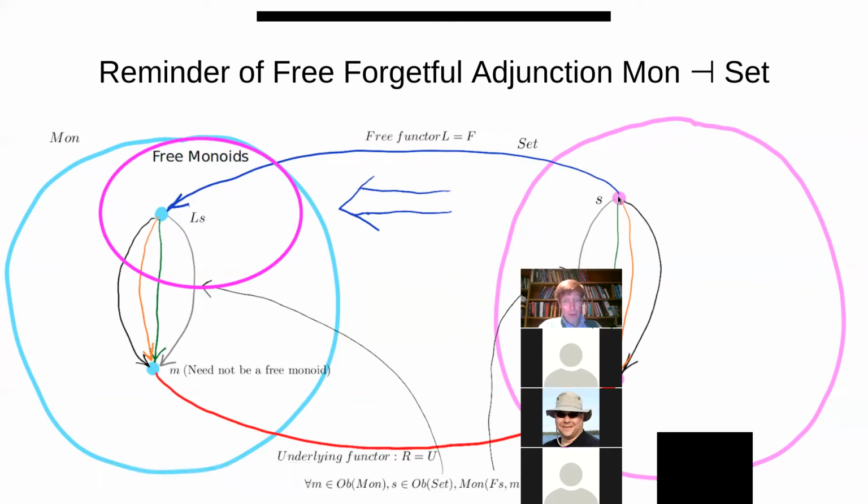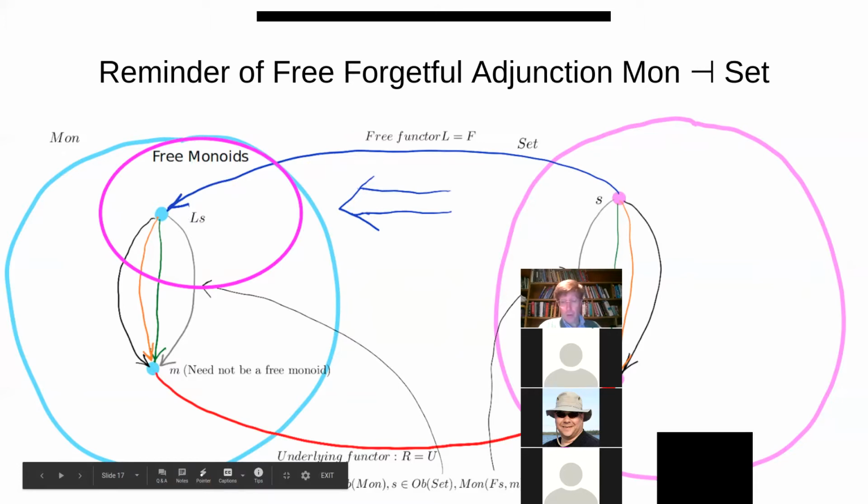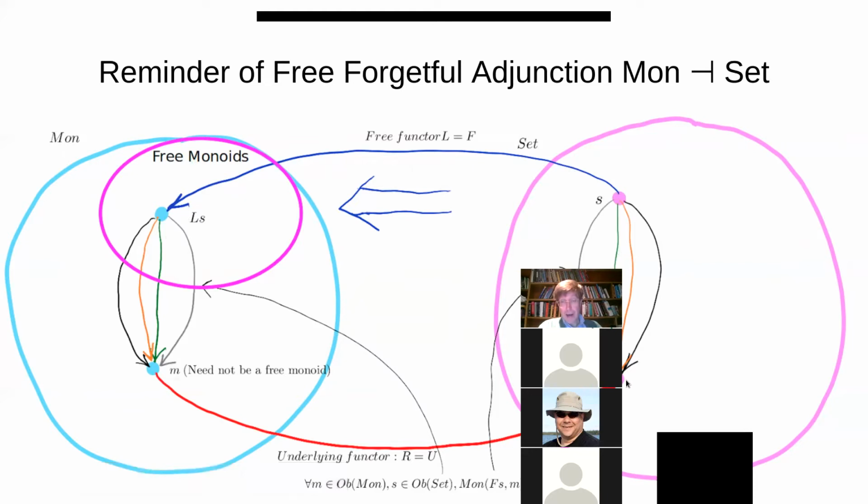Okay, so if we map S over to LS, and we consider the monoid homomorphisms between that mapping down to M, those have to be in a one-to-one correspondence, a bijection, an isomorphism, with the homomorphisms you get from mapping M over to Set and going from S to M. Now here over in Monoid, the things linking up LS, this mapping of S over, and the monoid M which we picked, the arbitrary monoid, those were homomorphisms.